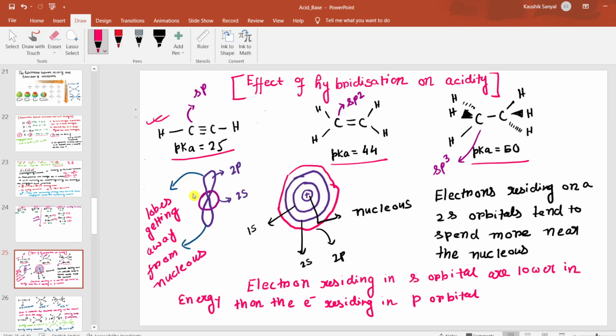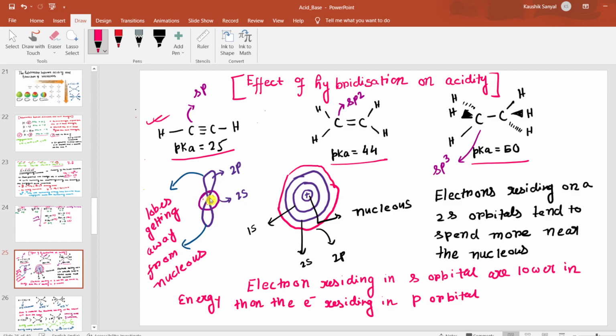If we see the shape of the s orbital and the p orbital, the s orbital is spherically symmetrical. On the other hand, the p orbital has two lobes. So the electrons residing in the s orbital are much closer to the nucleus because of its shape.